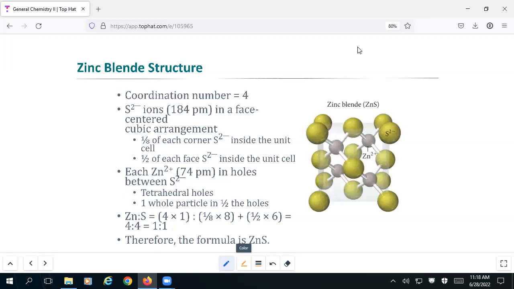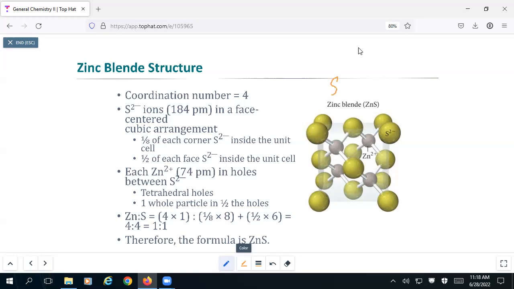Zinc blend. Zinc blend is an interesting structure. Here we have a coordination number of 4. If you look at the sulfides, so the sulfides are these gold colored atoms here, you can see that they are arranged in a face-centered cubic arrangement as well.